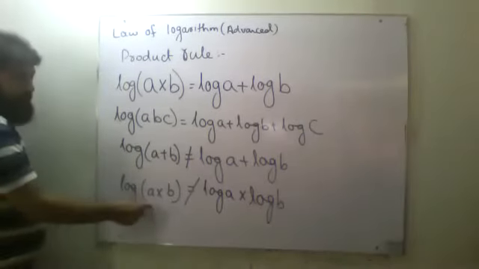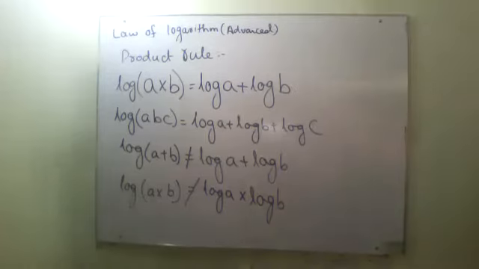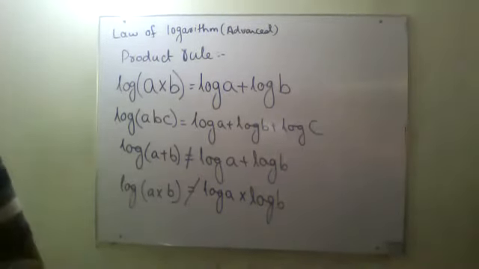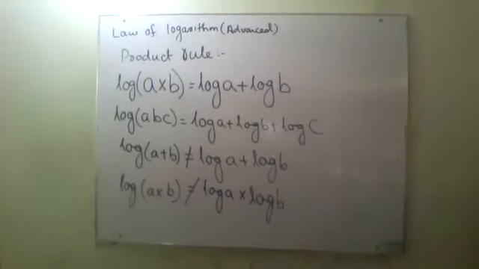This thing which is given over here is equal to this. Okay? So log of a product is equal to the sum of log of each variable or each term. Okay? Be very, very careful about it.